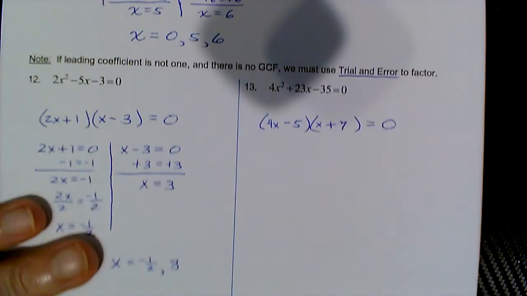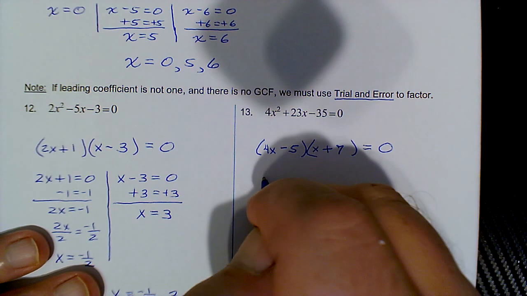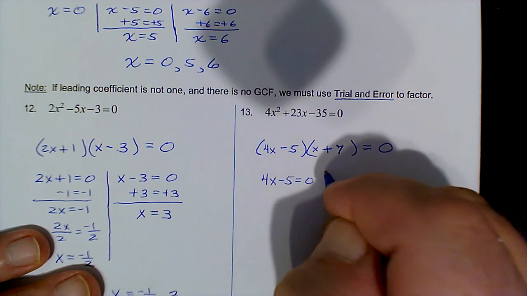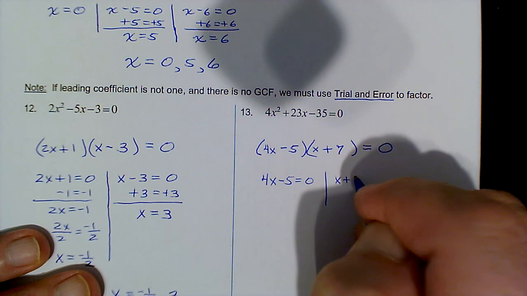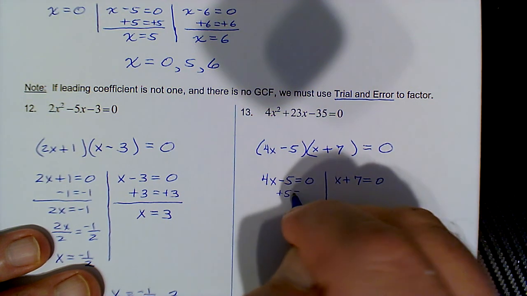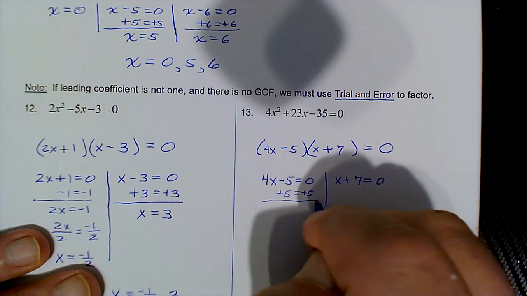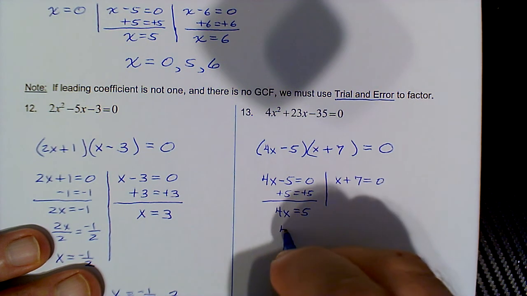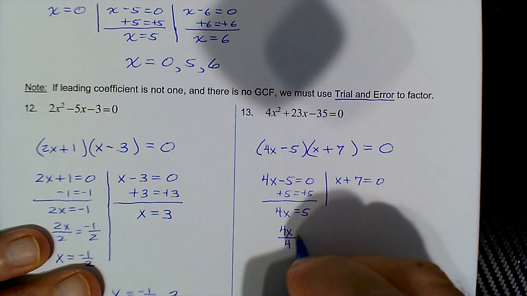So then finally we set each factor to 0. So 4x minus 5 is 0. X plus 7 is 0. Here's our two-step process. Add 5. We get 4x equals 5. Finally divide by 4.